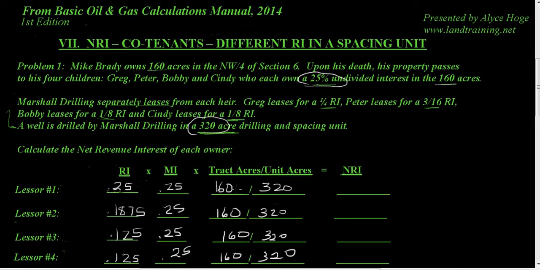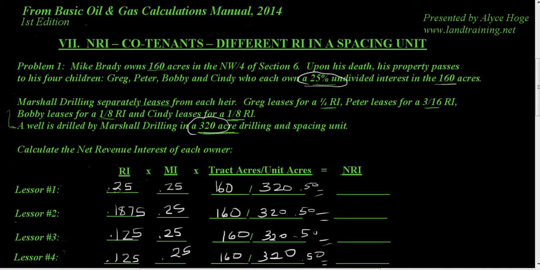And so we can just look at that and know that that's a half. 160 and 160 equal 320. So that's going to be a 0.5. And that's what's going to equal our net revenue interest when we calculate this out.